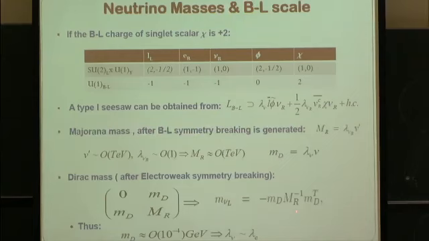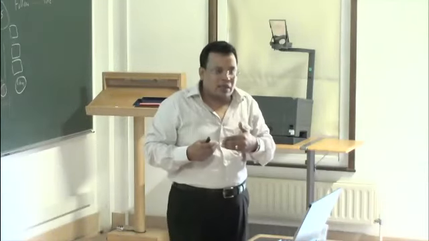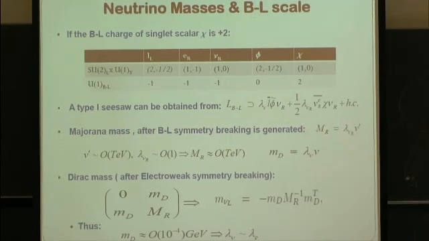So the price we have to pay is that the Dirac mass, in fact, should be of order 10 to minus 4 only. 10 to minus 4 means of order of the electron mass. So it's not that big a price we have to pay to work with TeV scale SUSY or TeV scale B minus L. In this sense, you could have TeV scale B minus L, and your Dirac neutrino mass should be of order the electron mass.